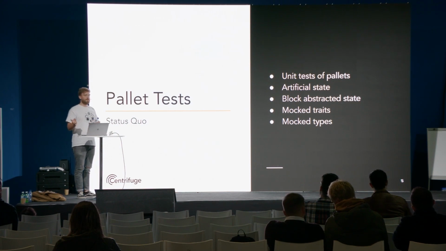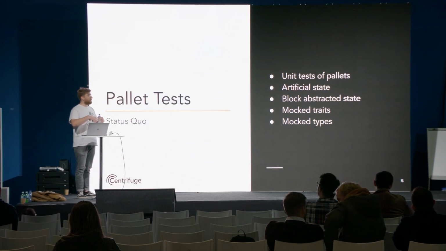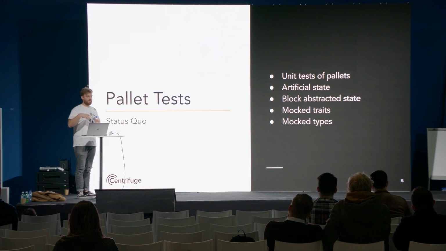In the beginning, you usually set up some artificial state that you need, maybe pallet balances, anything that the traits that you use depend upon. And then you have the state that is actually used when you run your test cases in this externalities provided environment.